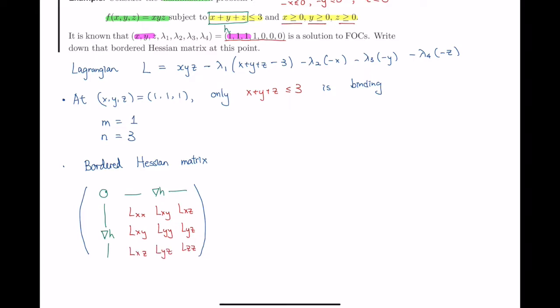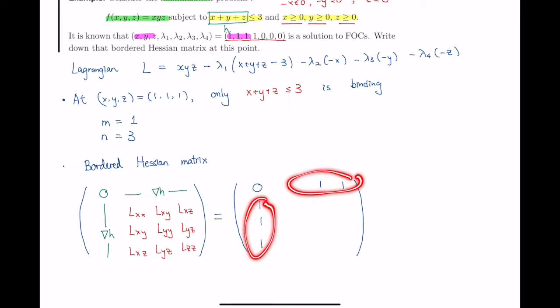So it should be symmetric along the diagonal. Let's write down more concretely. So this is 0. Grad h: h is x plus y plus z. If you take the gradient, I get 1, 1, 1, and then this is also 1, 1, 1. So I just put the gradient vector as rows and columns respectively.